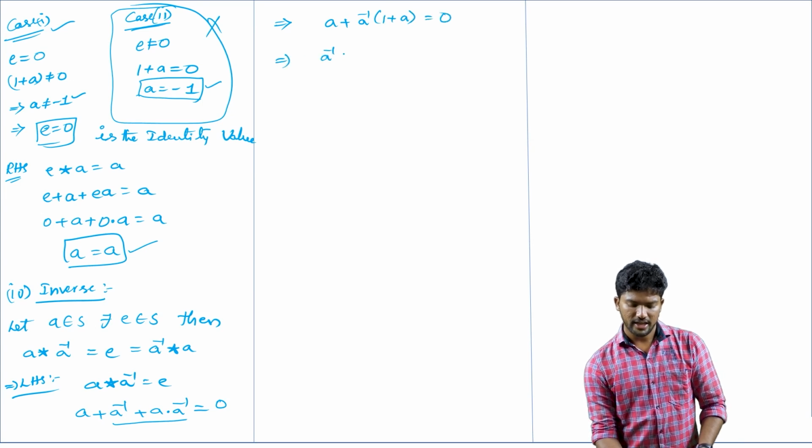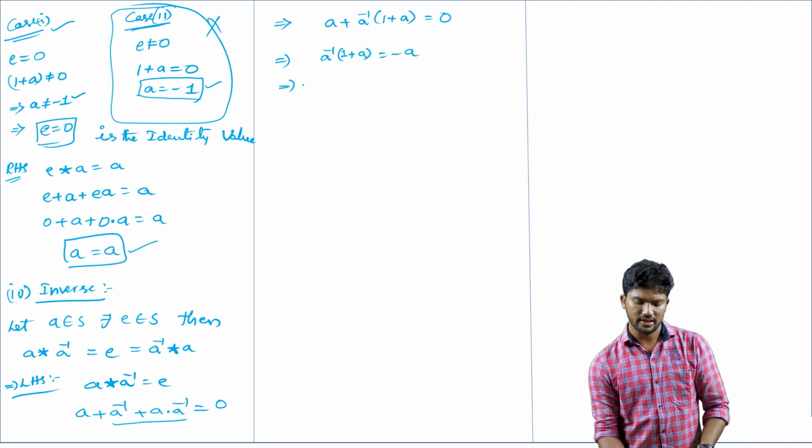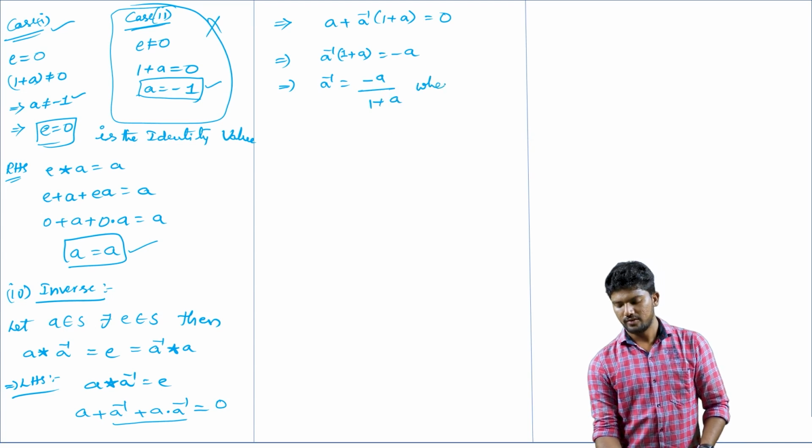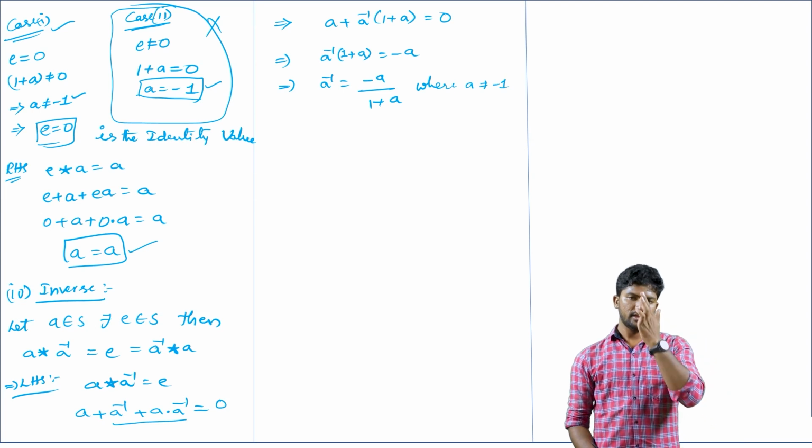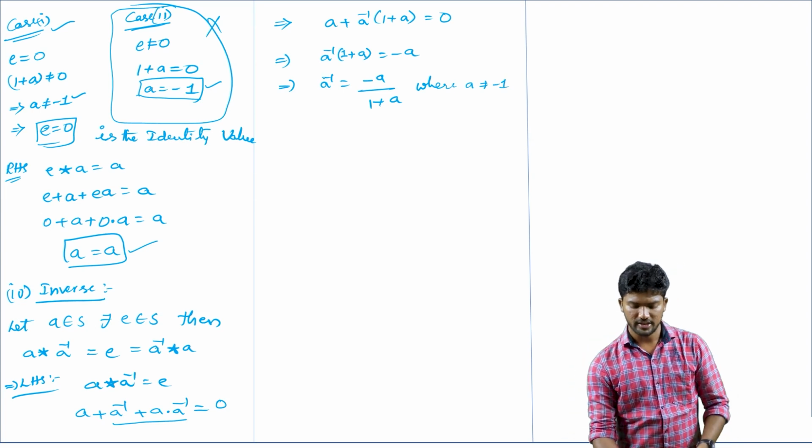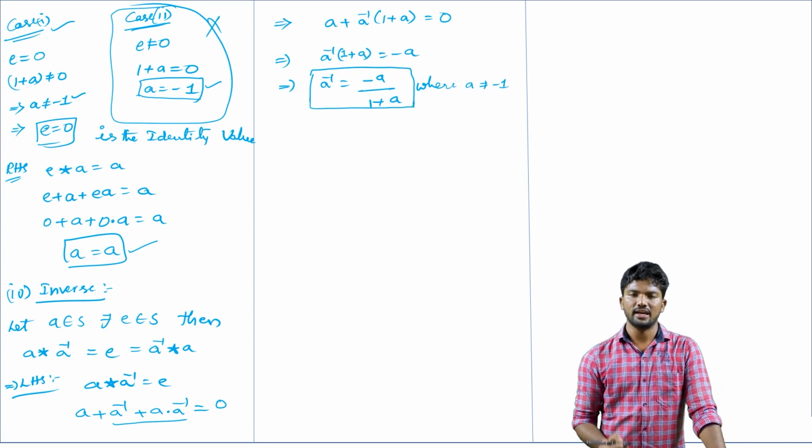So a inverse(1 + a) = −a. Then a inverse is equal to −a/(1 + a), where a is not equal to −1. So a inverse = −a/(1 + a) is the inverse element for a in S.